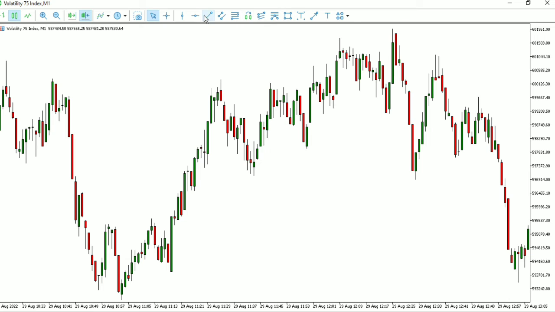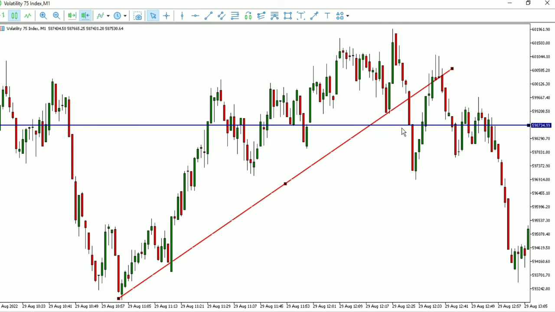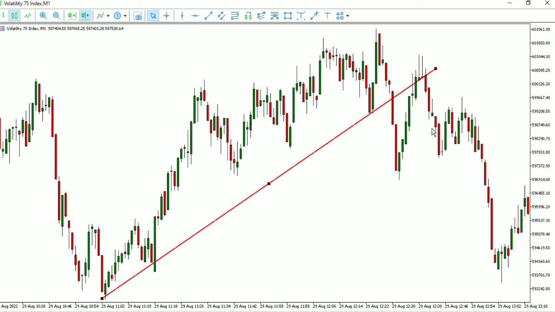Right, so let's go back to that example, and I'm going to show you a trick that you can do to avoid getting stopped out here. So let's say you draw your trend line right there, and you see the market breaking up here, right? So if you see the market breaking up here, you can either just go into the market straight away and sell, right? You put your take profits here, you can get stopped out sometimes, or you can wait for the market to reverse back into the trend line, right?